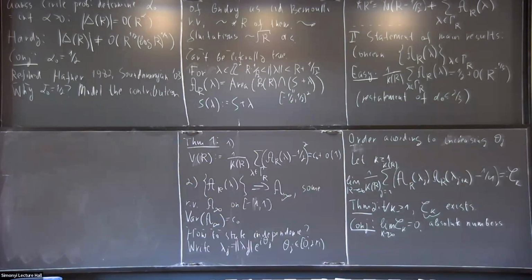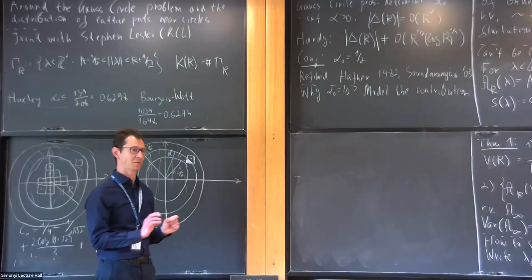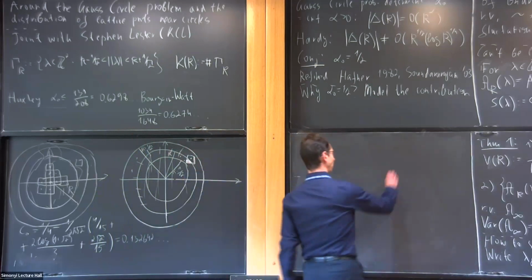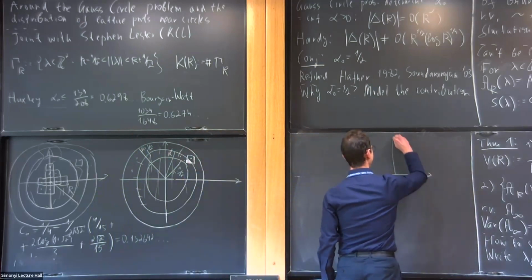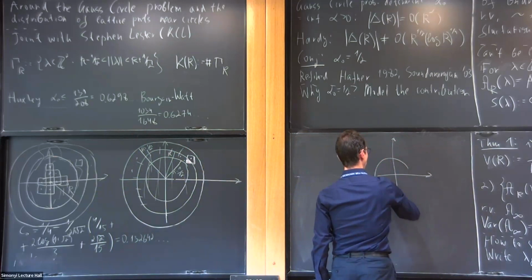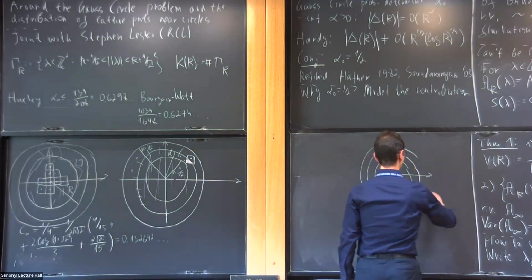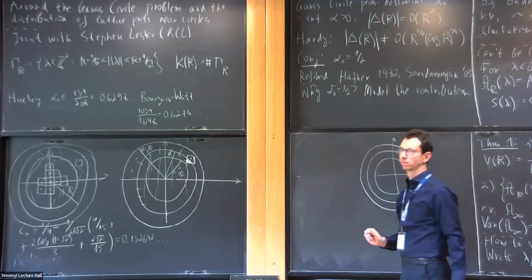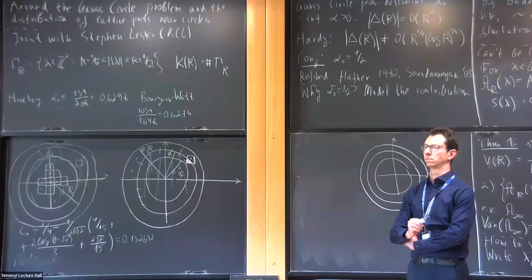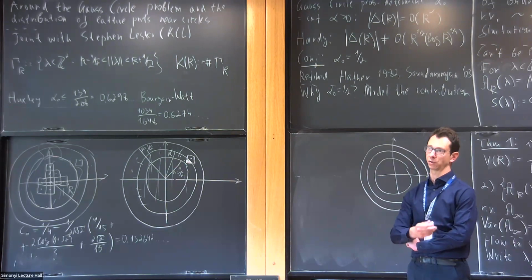Okay, so let's magnify the relevant part of this picture. You're really studying lattice points in an annulus of area, not 1, but area square root of R in this notation, yes.